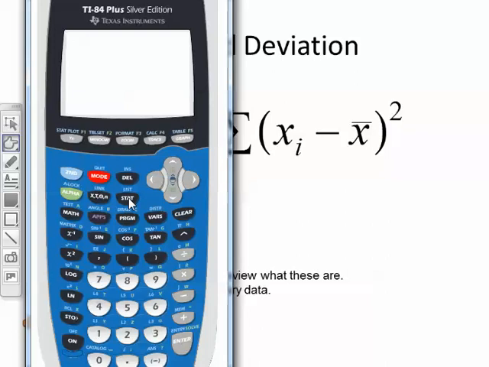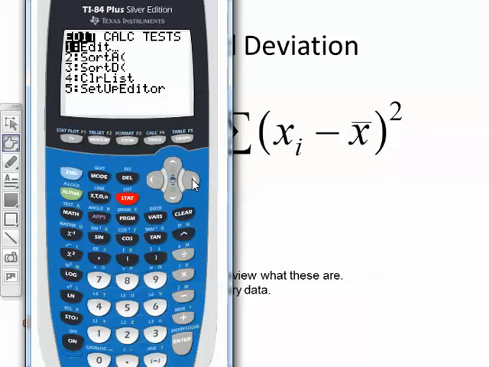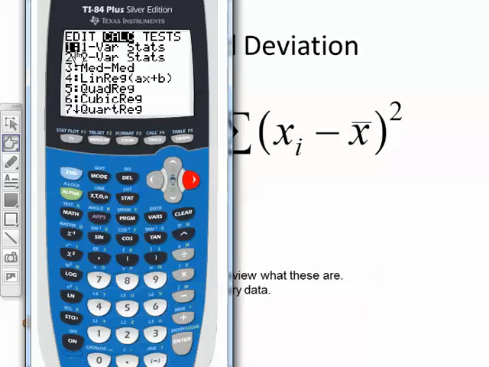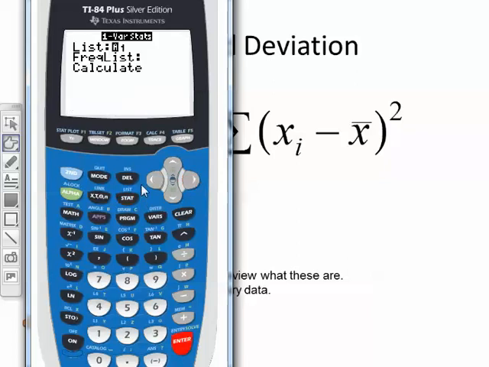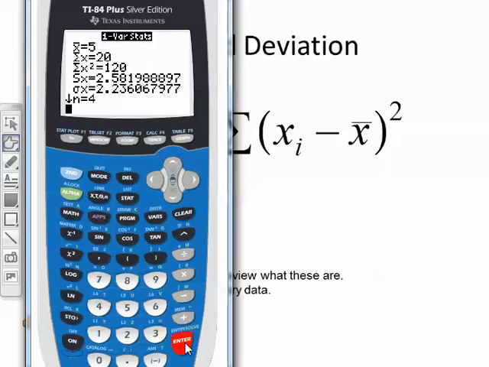What I wanted to show you here was I'm going into stats, and I'm going to go over to calculate, and I want to look at number 1, the one variable statistics. That's what we're looking at. It didn't matter which list I'm using, list 1 or list 2. So I'm just going to press enter on that, and I'm going to hit calculate so that it calculates it out. This x bar, that is the mean of the sample that I'm looking at. Okay?